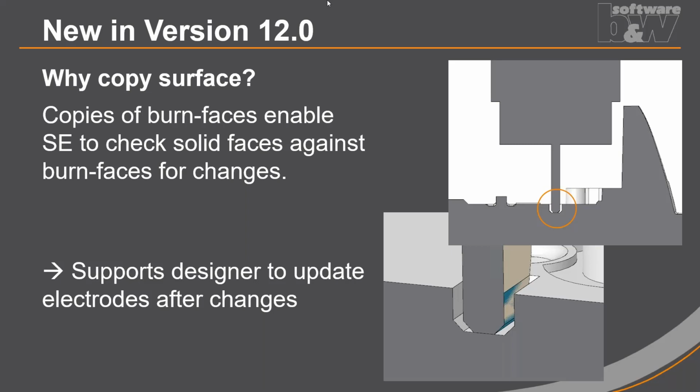SMARTElectrode copies the selected burn faces to the electrode model and uses this copy geometry to compare the solid faces of the electrode against the burn faces copy. Doing this gives us the chance to find changes and help the designer to update after design changes.